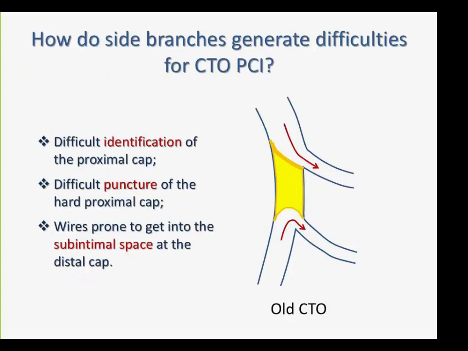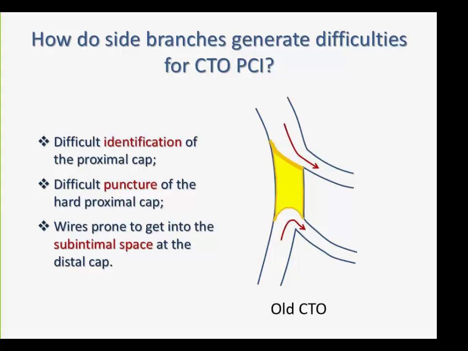Why is it a problem for the interventional cardiologist doing a CTO procedure? As we already mentioned, it's difficult to identify the proximal cap in case of a flush occlusion. It's difficult to puncture this hard proximal cap, especially if the angle between the wire and the proximal cap is shallow.